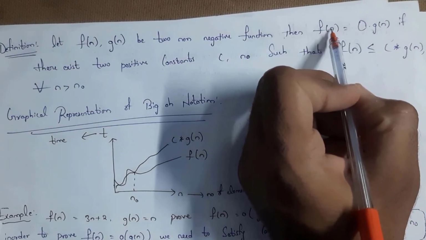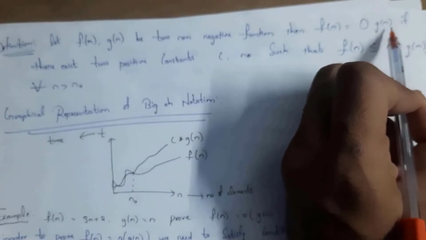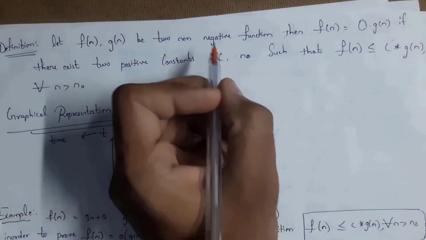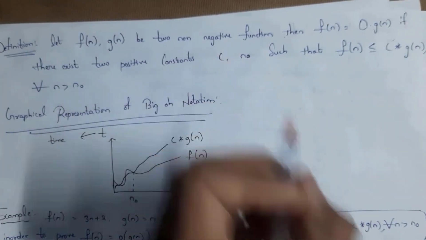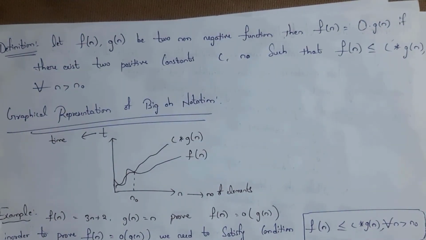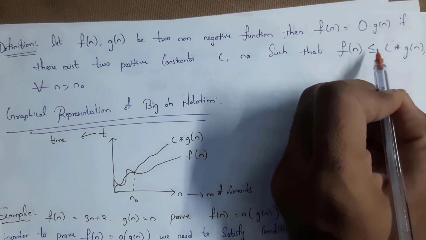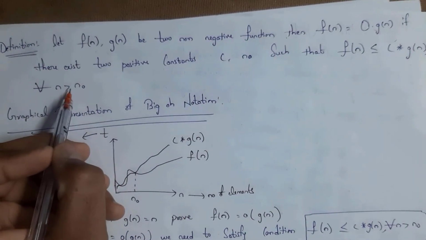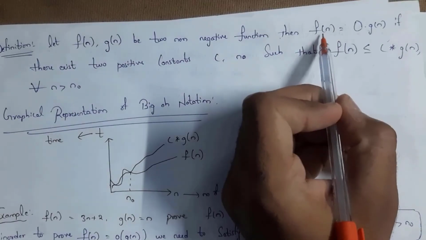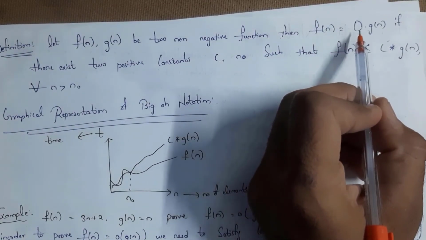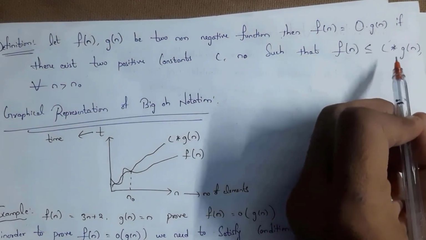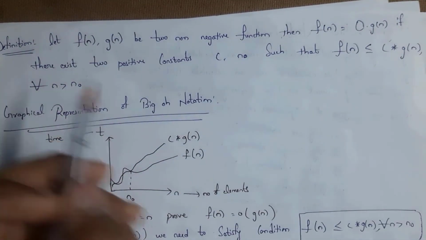So f of n equals O of g of n if there exist two positive constants, that is c and n naught, such that f of n is less than or equal to c into g of n for every n greater than n naught. Meaning of this is, the condition f of n equals O of g of n is satisfied if f of n is less than or equal to c into g of n for every n greater than n naught.